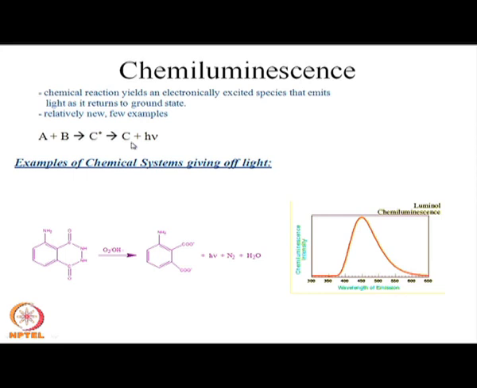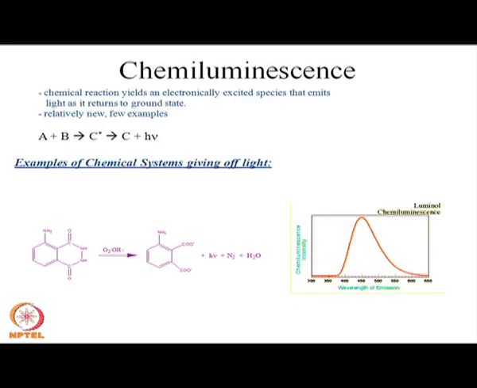So a chemical system which is giving off light is chemiluminescent, and this chemiluminescent species can be used to diagnose many things. One important example is luminol.